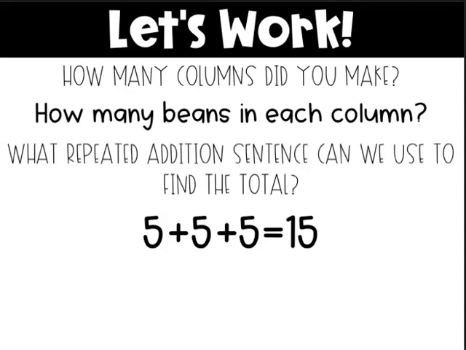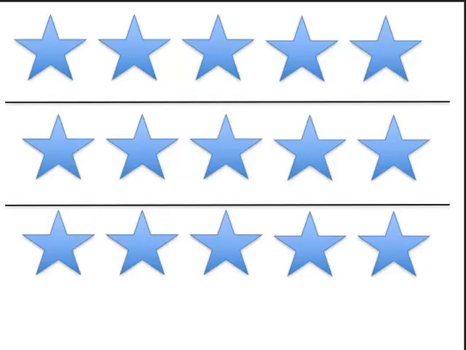Pause now and make 3 rows of 5. Here's what yours should have looked like. 1 row, 2 rows, 3 rows. Knowing that our rows are horizontal or across. You'll notice that I also have my line drawn in here to organize my groups.